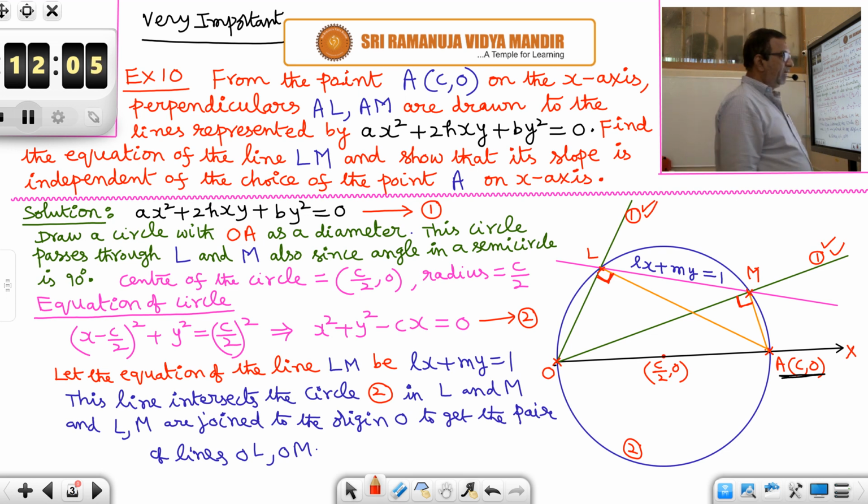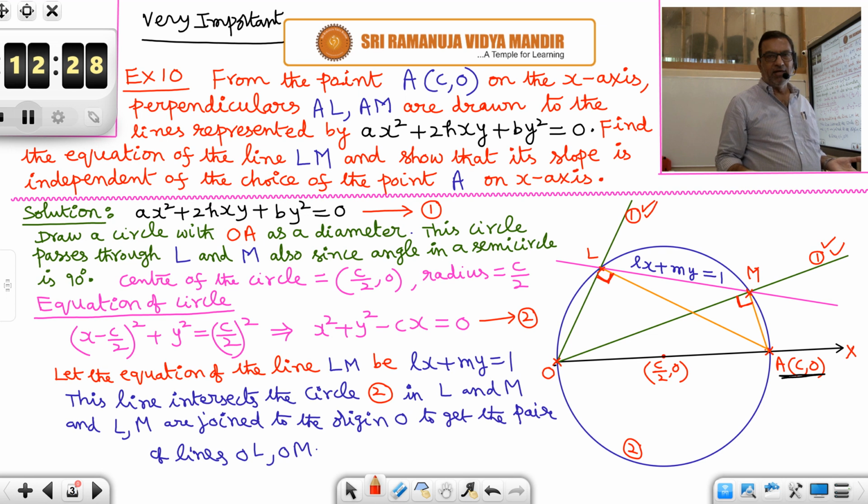Okay, LM equation. If you proceed in the direct way, then it will be very difficult. What is the direct way? First you have to resolve the pair of lines ax square plus 2hxy plus by square is equal to 0 into two individual lines.